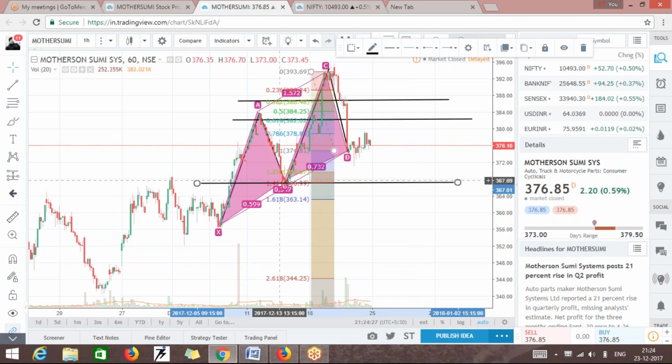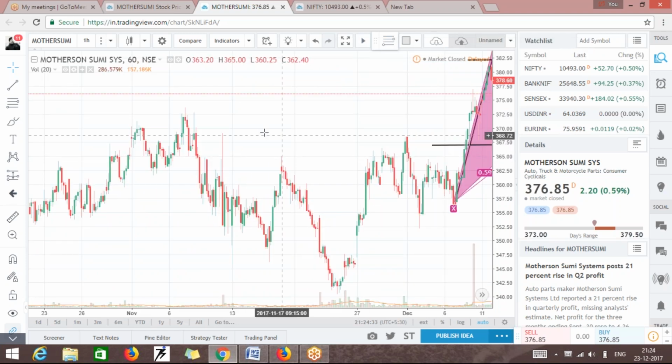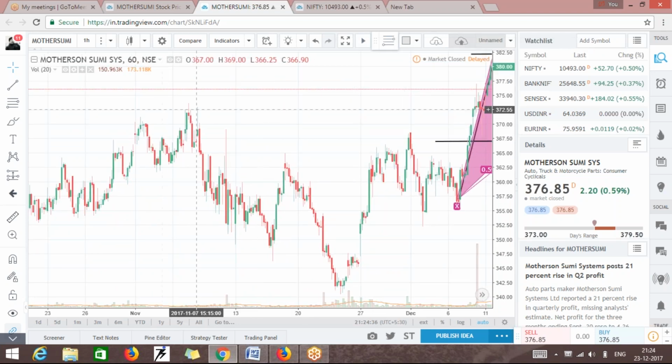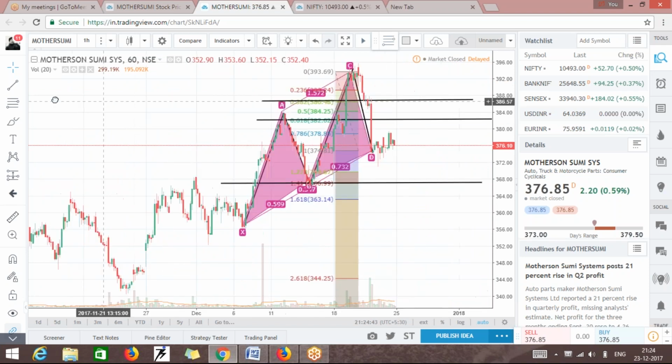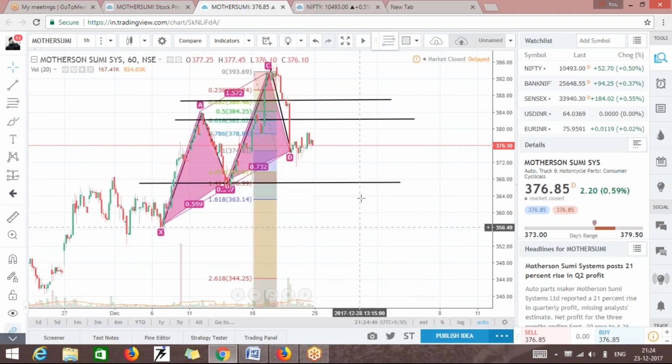I have taken this level as the SL just because this was a previous support. If you move back also, at this point it was also acting as a support. So with 2 to 3 instances we can see that this is acting as a support level, we could take this as the nearest support which has formed, and after this it is not viable to take the trade to this level by keeping this as the stop loss.